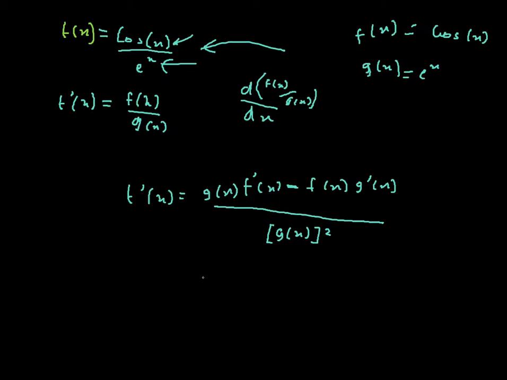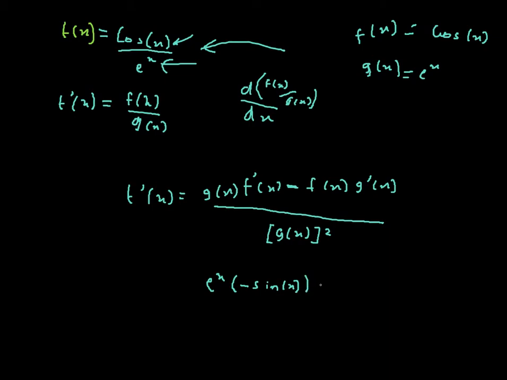First we have to write the second function, which is the g of x, as it is. So we'll write e raised to x. We'll write the first function's derivative, or the derivative of f of x, which will be minus sin x.